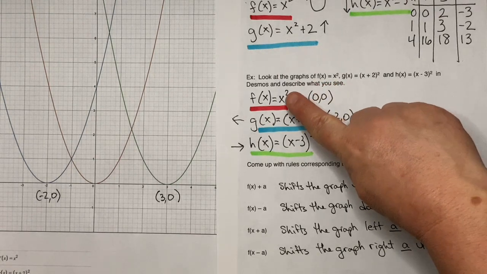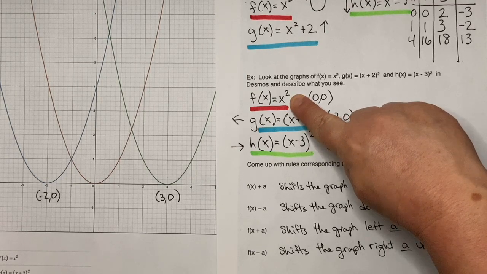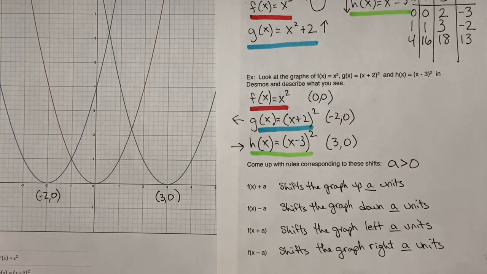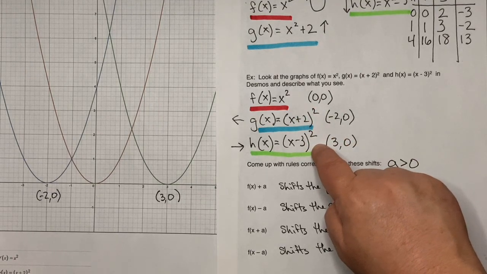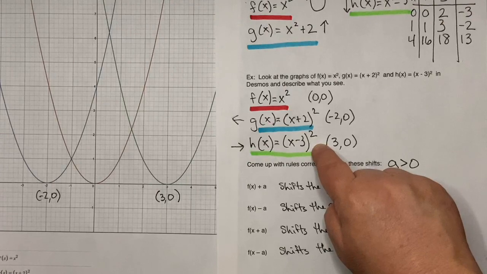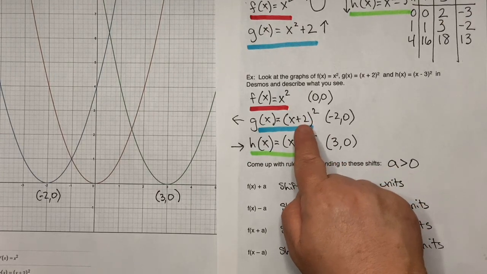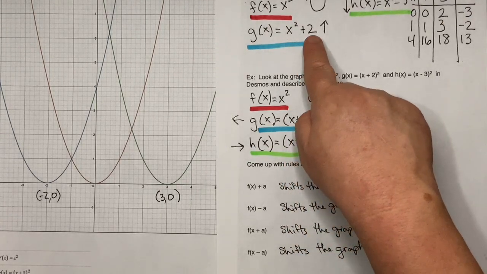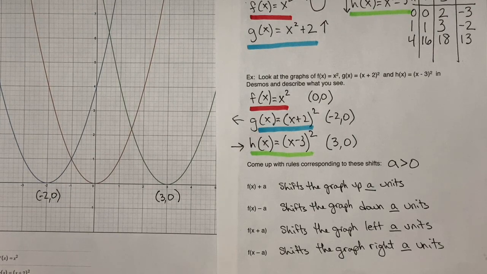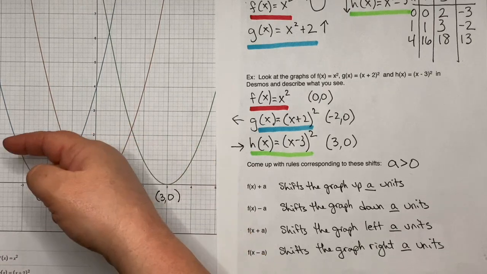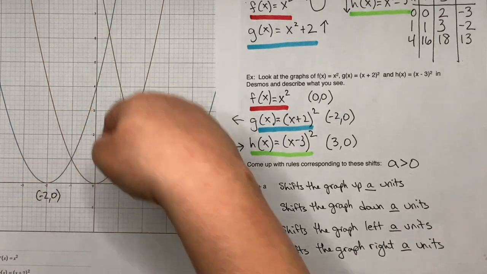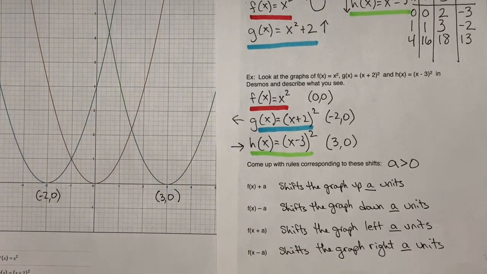If we know what the graph of x squared is, or something else, then suddenly we can also graph all those other related graphs and just know that adding 2 or subtracting 3, inside or outside, is not going to change the shape of the graph. It's just going to literally move it either to the left or to the right or up or down. So that's going to be the beginning of learning how to graph a lot of stuff with just knowing the basics.